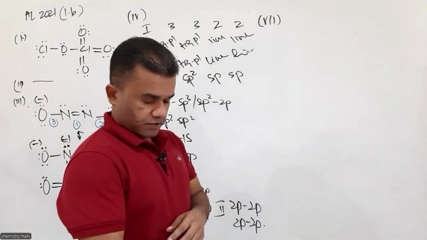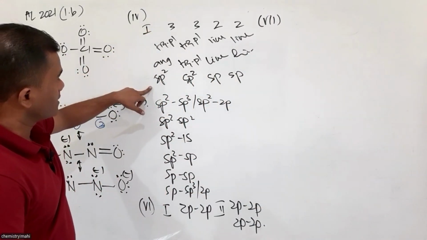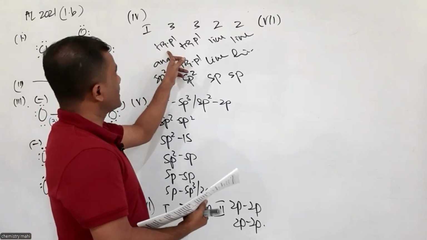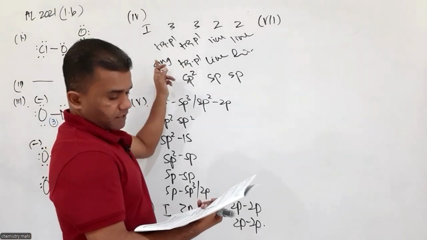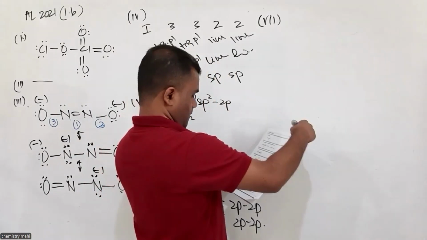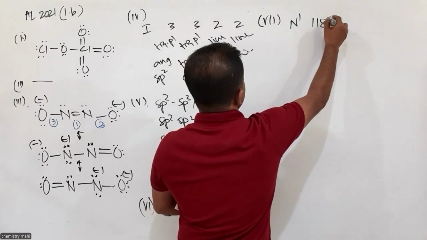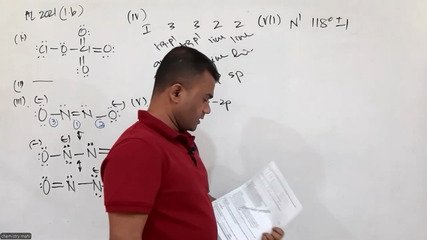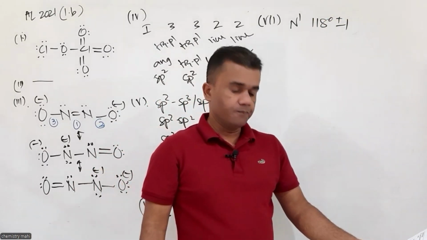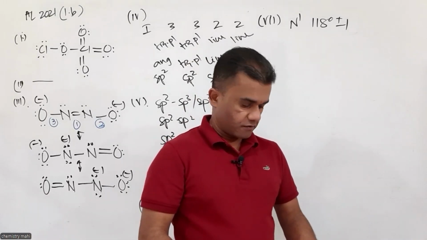Once you consider N1, we have 3 regions, hybridization sp2, trigonal planar means 120. But since one lone pair is available, it should be 118. Around N1, you can say 118 plus or minus 1. Yes, in this year, 2021, it's given like 118 plus or minus 1.